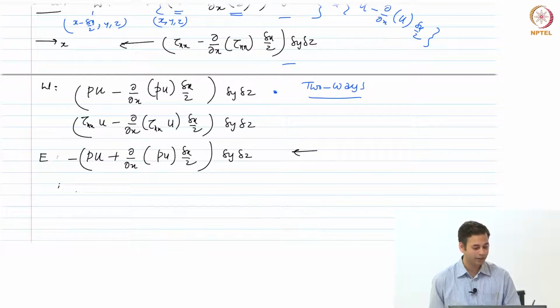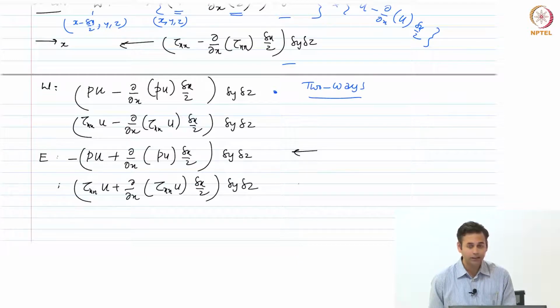Tau xx, so that would be tau xx times u plus partial x tau xx u times delta x by 2 times delta y delta z, and this would be a plus or a minus? This will be a plus because it is acting in the positive x direction. So, these are on the east phase, and then we have two more forces, one on the north phase and one on the south phase. Similarly, we had two more forces, one on the front and one on the back as well, okay.